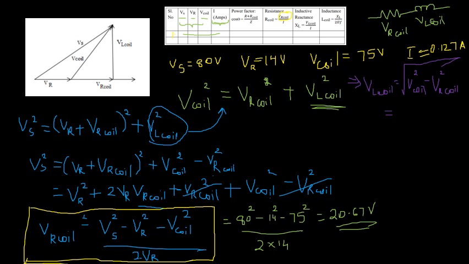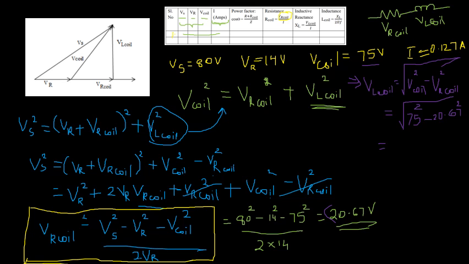So from this I can calculate the value of VL coil. It is the square root of V coil, which we obtained from the voltmeter reading as 75, so it is 75 square minus VR coil, which we just obtained as 20.67, whole square.